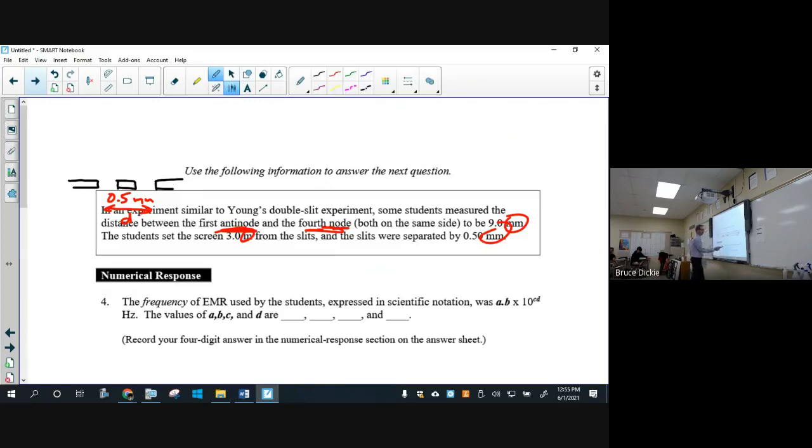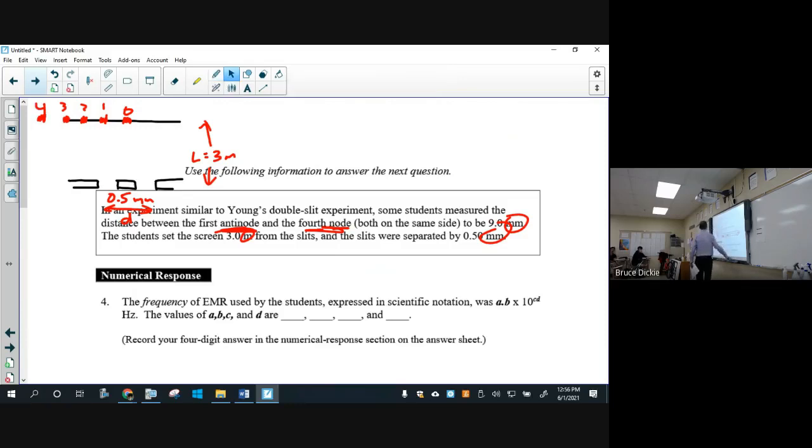What else we got here? The screen is 3 meters away, so that's going to be L. And first antinode and fourth node: central bright spot, central antinode, first order antinode, second order antinode, third order antinode, fourth order antinode, and of course it goes on the other side as well.